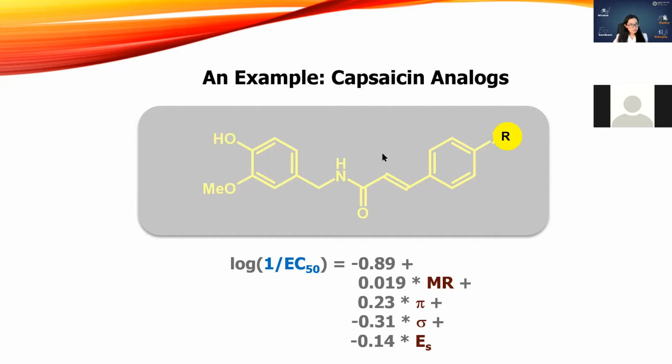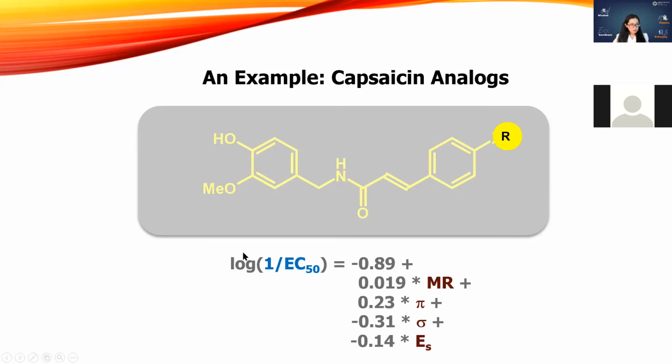So in capsaicin analogs, it will have an equation like this. So log 1 over EC50, this is the value of Y. And then this is molecular refractivity and pi and sigma constant and ES. So this is coefficient and X, coefficient and X, coefficient and X, and this is the intercept.